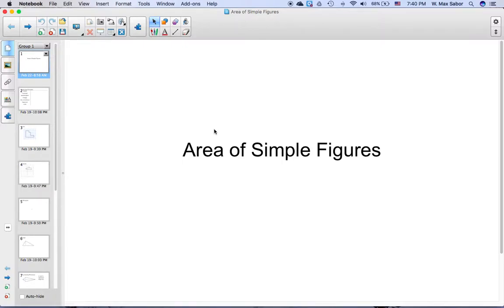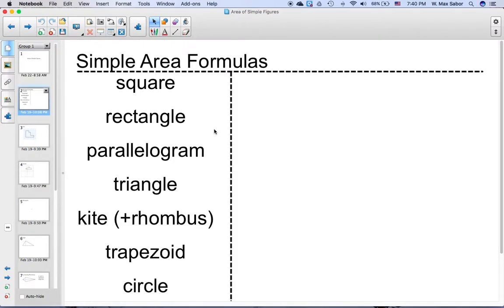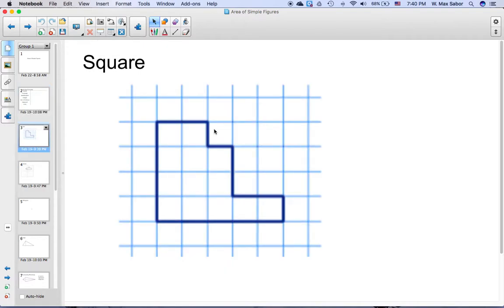Area of simple figures. So we're going to be looking at the simple area formulas for these shapes. For a square, the idea is that a single square that's 1 by 1 has an area of 1.